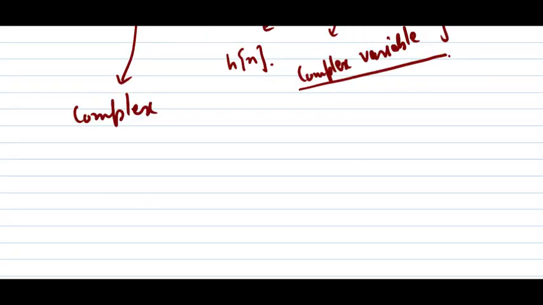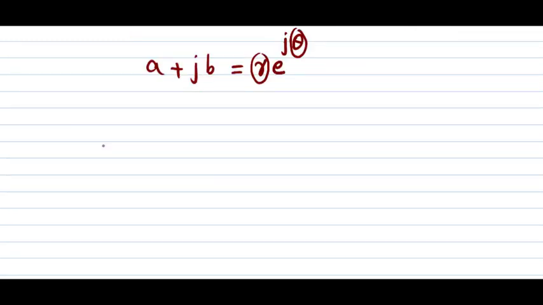From complex theory, we know that a complex variable, for example a plus jb, can also be written in polar form, which comes out to be r e raised to the power j theta, with two variables r and theta. For H of omega we again have a representation like r e raised to the power j theta.